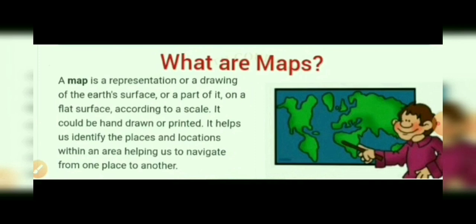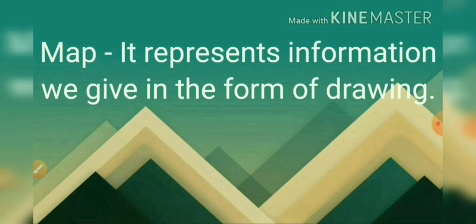Navigate means to direct the way to travel or find direction across an area of water or land by using a map. A map represents information we give in the form of a drawing.